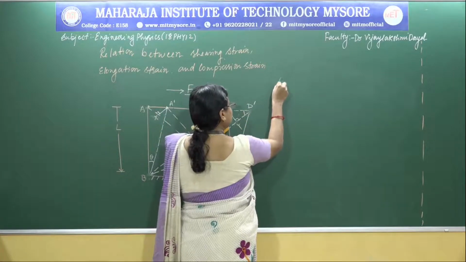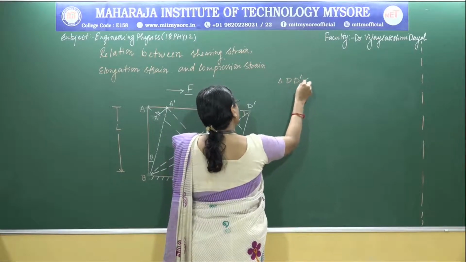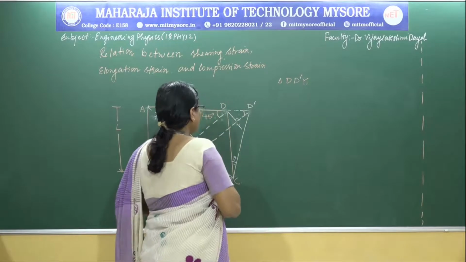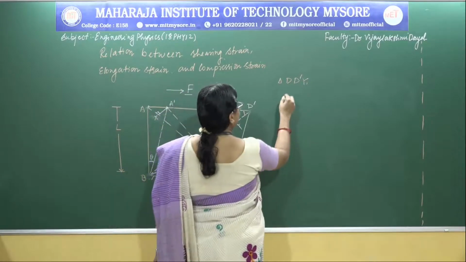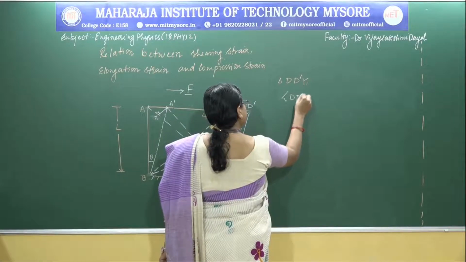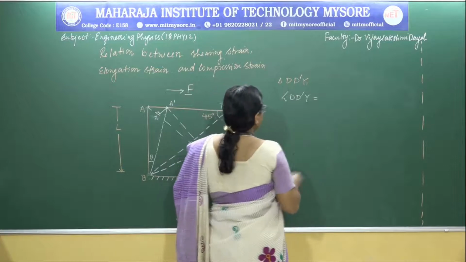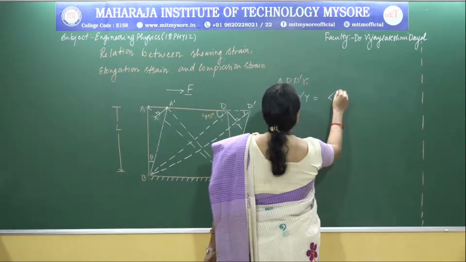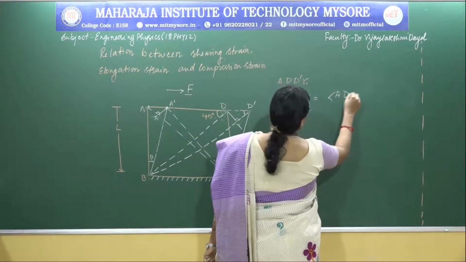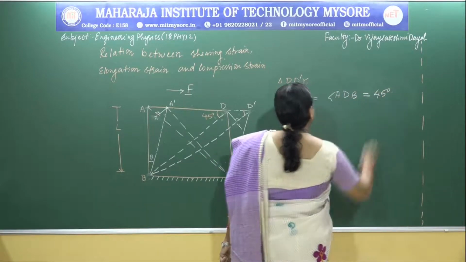Now, if we consider the triangle DD dash Y, we can say that this angle D dash is equal to angle ADB, and that is equal to 45 degree.